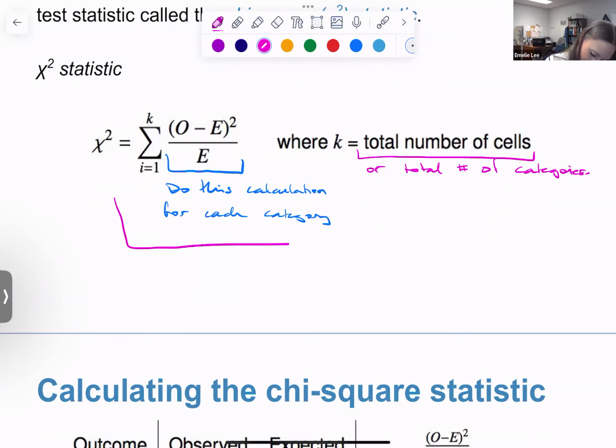And that's going to be your chi-squared.